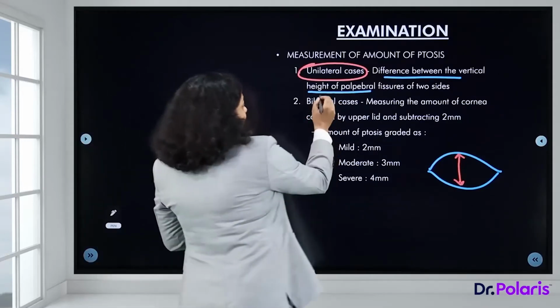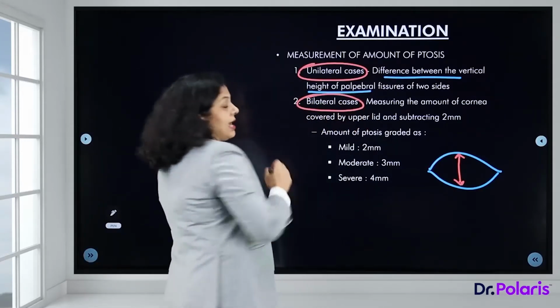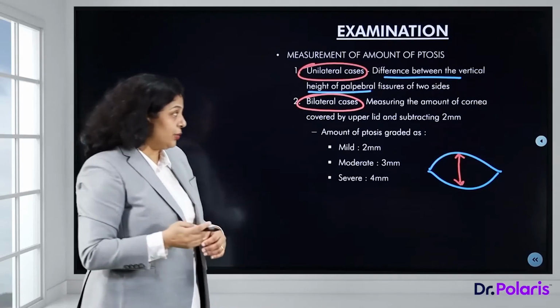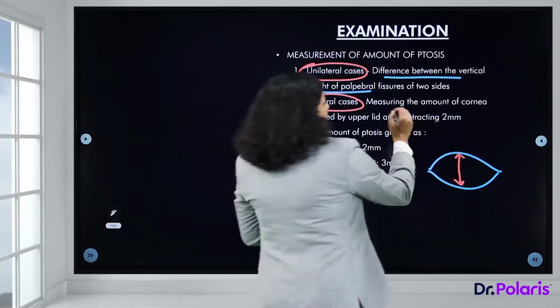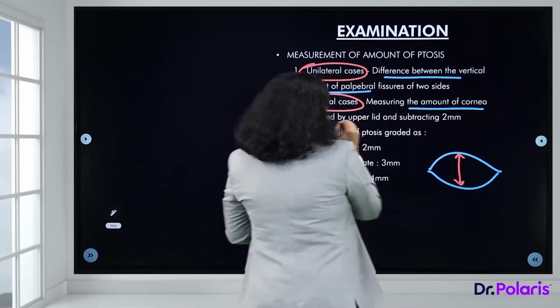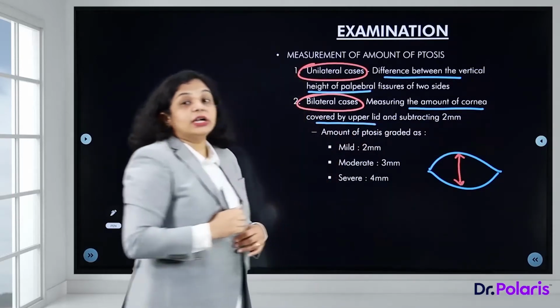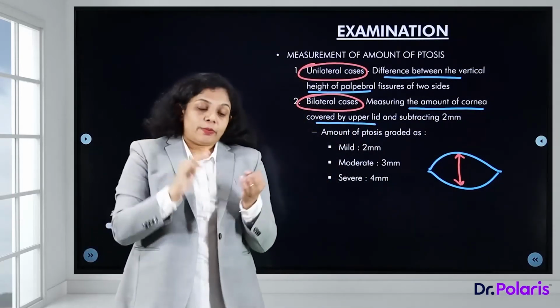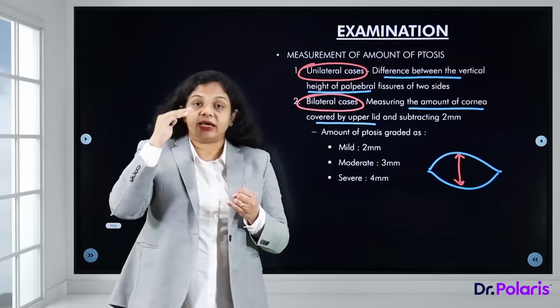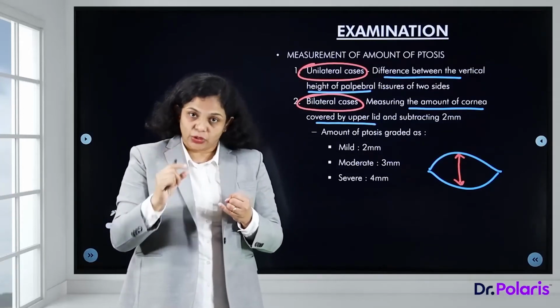But in a bilateral case where both the eyes are having ptosis, what are we going to do? We are going to see the amount of cornea that is covered by the upper lid. Normally we know that the upper lid covers about 2 millimeters of the cornea.